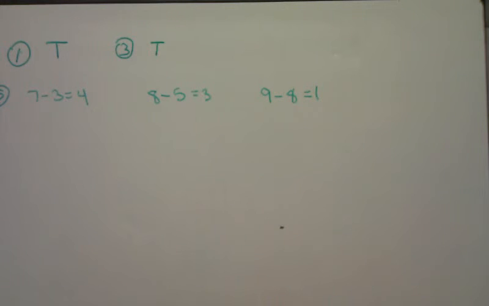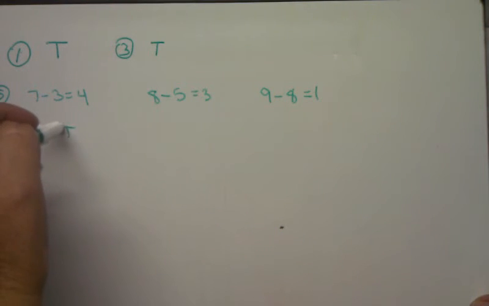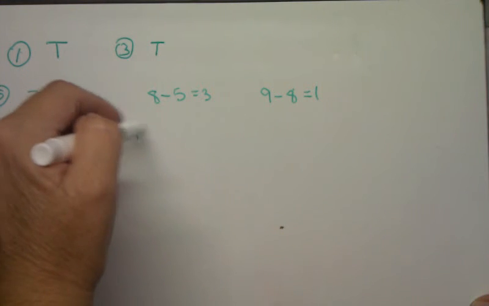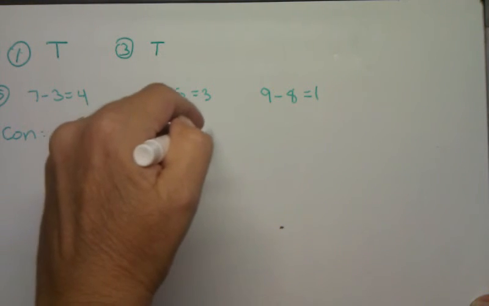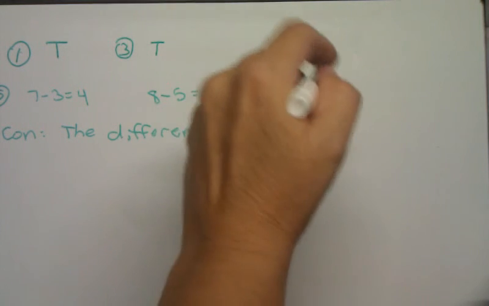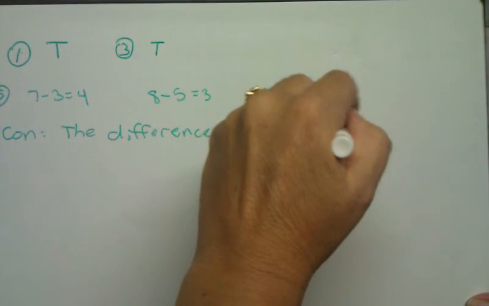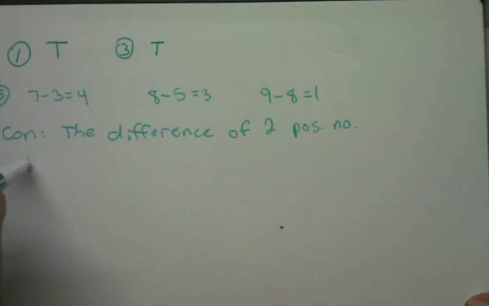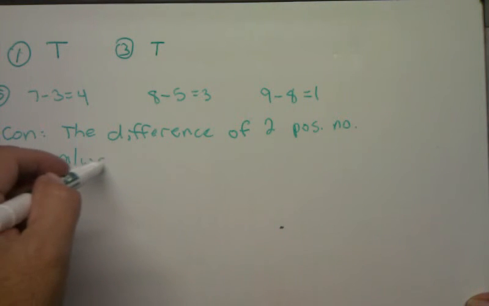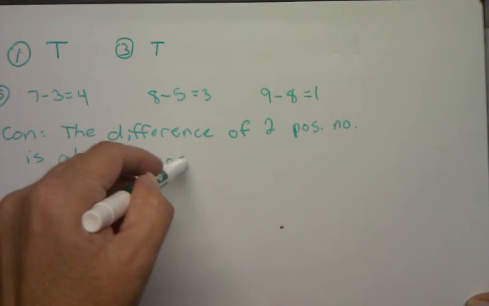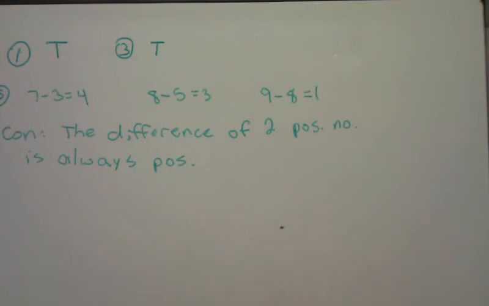My conclusion is the difference of 2 positive numbers is always positive. Okay, I want you to stop the tape and I want you to come up with a counterexample to prove me wrong. Okay?